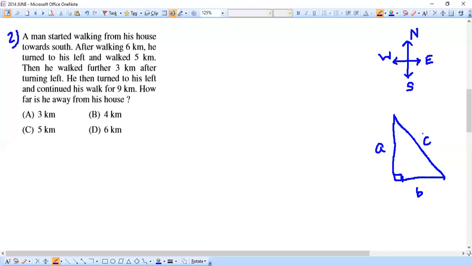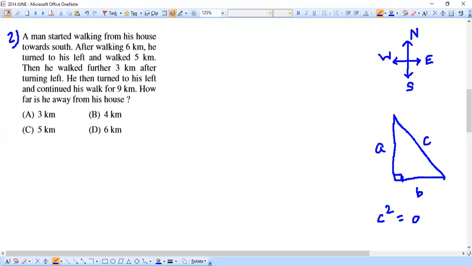There's a relation between these 3 sides of a right angle triangle. That relation is the Pythagoras theorem. It gives the relation between the 3 sides of a right angle triangle. It says that the square of the longest side, the hypotenuse, I mean C square, is always equal to the sum of the squares of the other 2 sides.